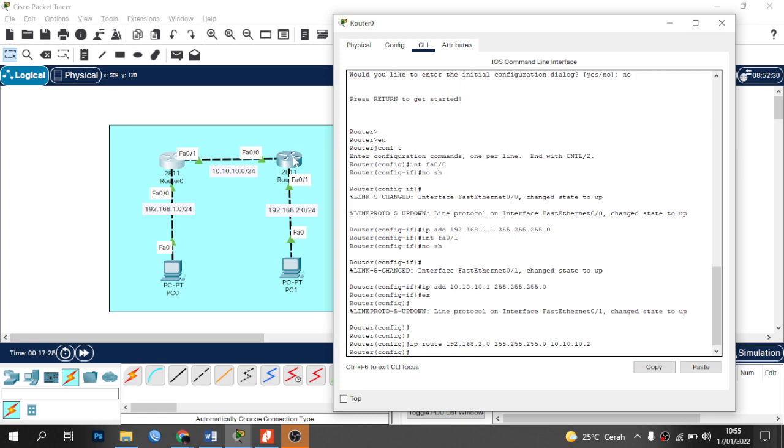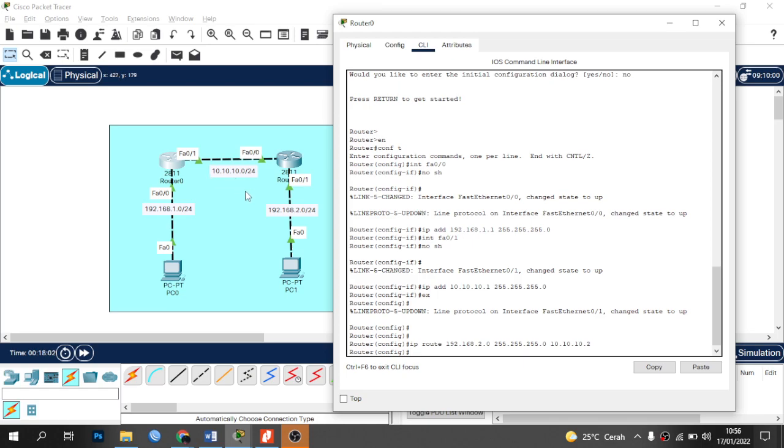And on router 0, we will introduce router 0 to the network 192.168.1.0.